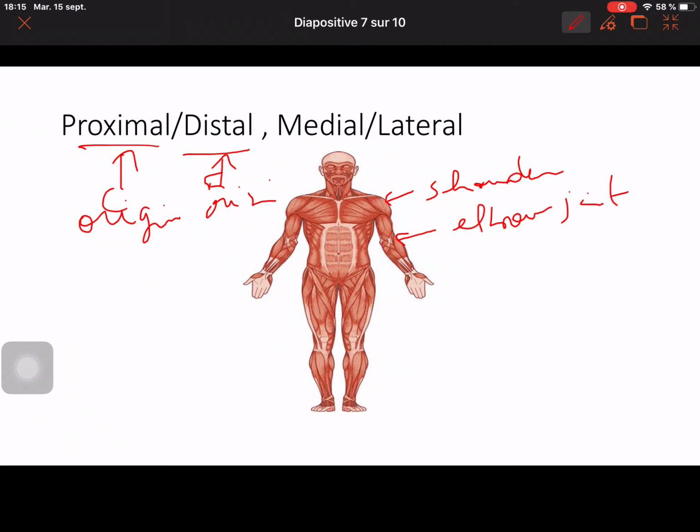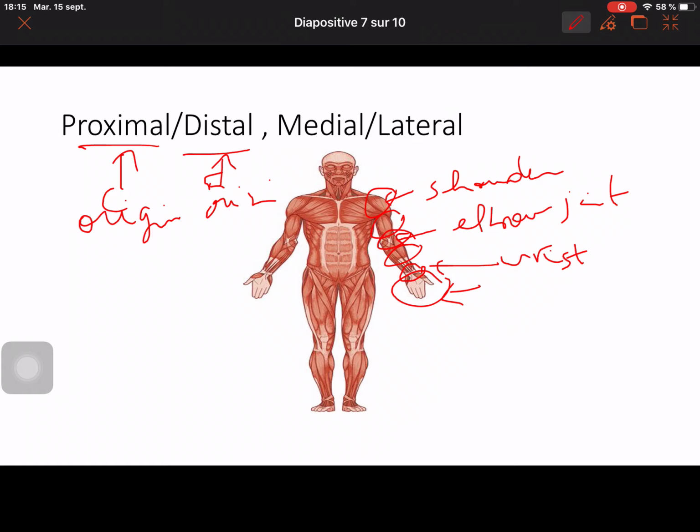The elbow joint is the joint between the arm and the forearm. And this elbow joint is proximal in reference to the hand. This joint here is called the wrist joint. Now proximal is near to the origin, and distal is further than the origin.